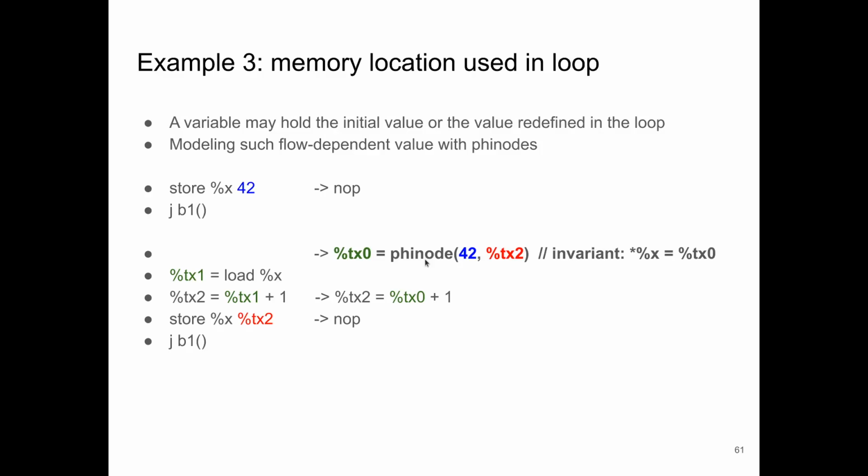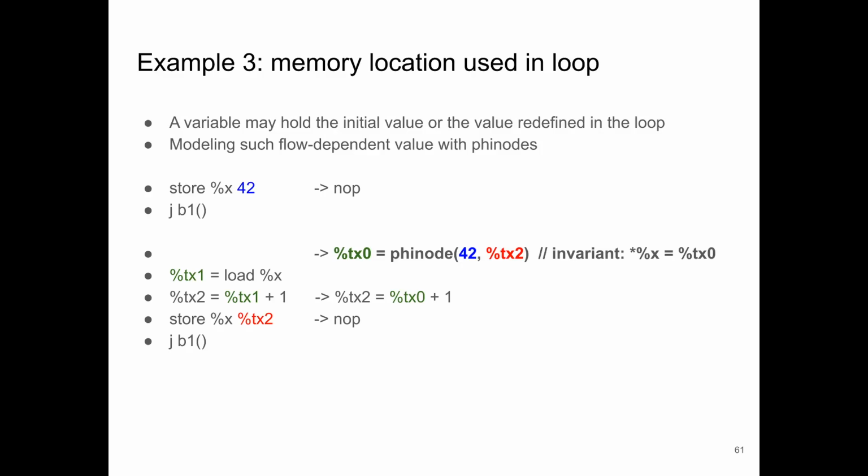This phi node means that you are going to define a register tx0 here, and its value should be either 42 or tx2 depending on the control flow. If you just enter this block from B0, if you just jump from B0 to B1 as the first iteration of this block, then tx0 should be 42.